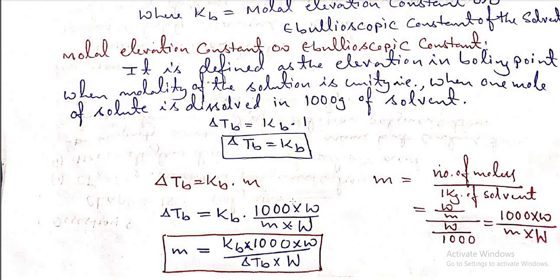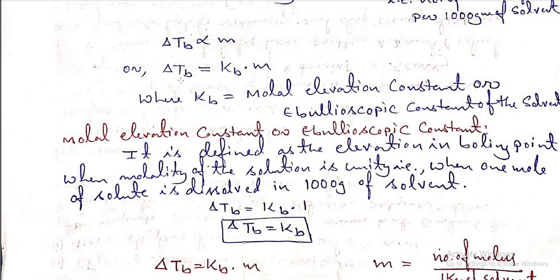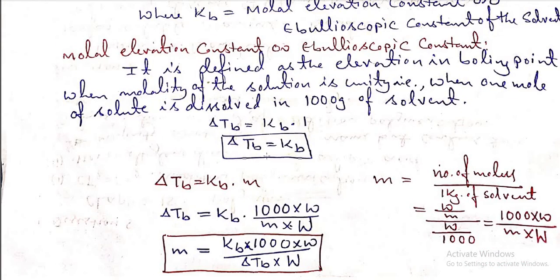Now once again from that expression, delta Tb equals Kb into m. This m is molality, which is given by the number of moles of solute per 1 kg of solvent. The number of moles is given by weight in gram divided by molecular weight of the solute, divided by, since there is 1 kg of solvent, if you take it in gram, the weight in gram divided by 1000.